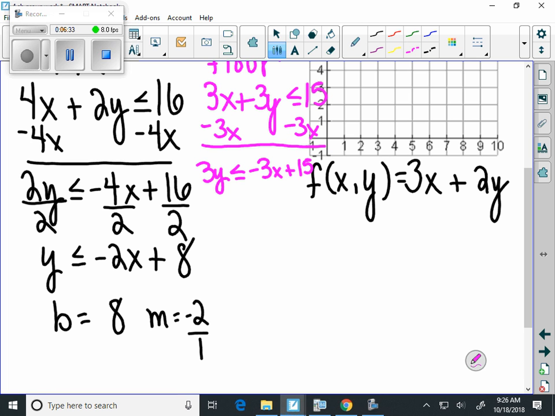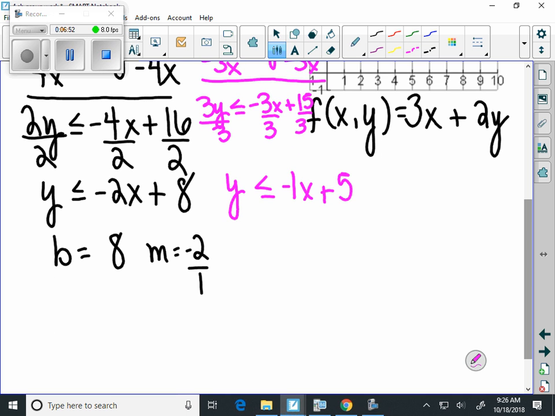Then we're going to divide everything by 3, and we get y is less than or equal to negative 1x plus 5. Once we have it in that format, we can identify b is 5, and our slope is negative 1 over 1.